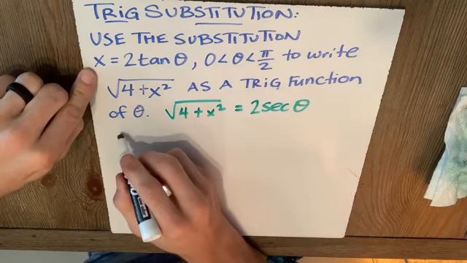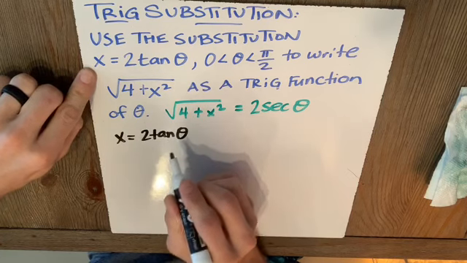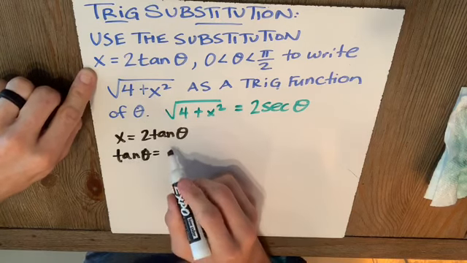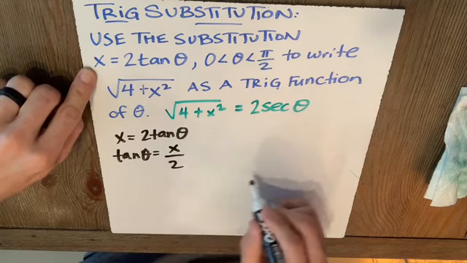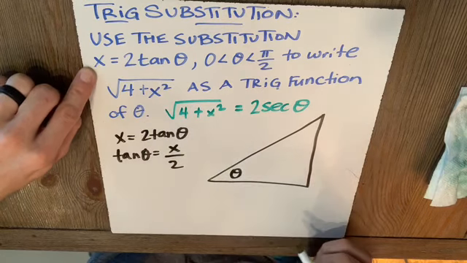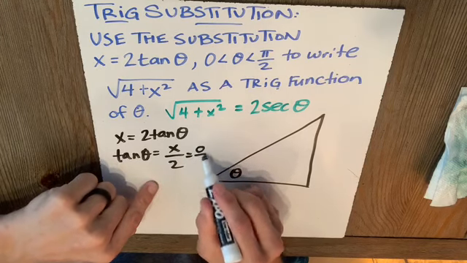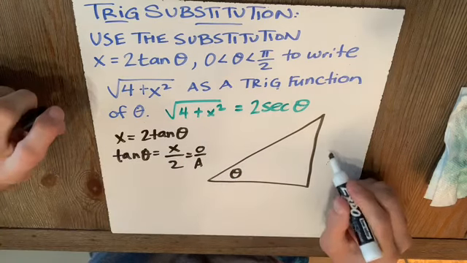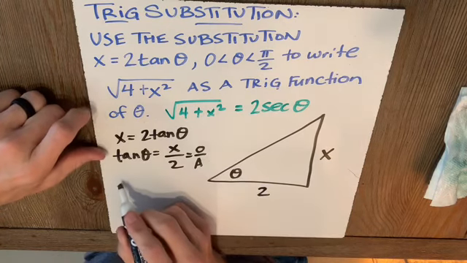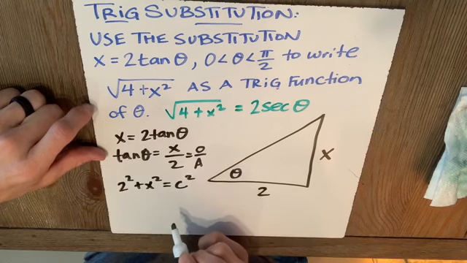Notice here that x is equal to 2 tangent of theta. So tangent of theta is equal to x over 2. And if we're drawing this in the first quadrant, here is theta. And so this represents opposite over adjacent. Let's use the Pythagorean theorem. 2 squared plus x squared equals c squared.